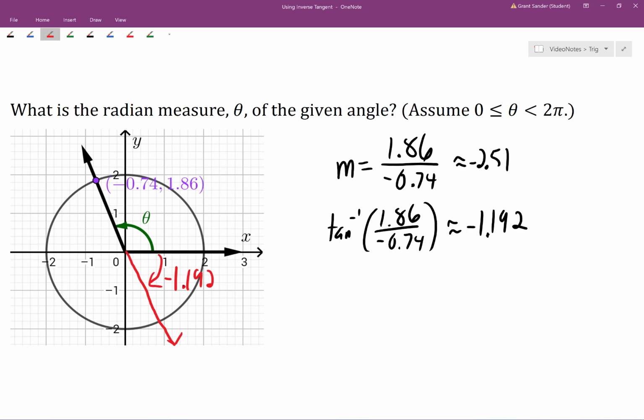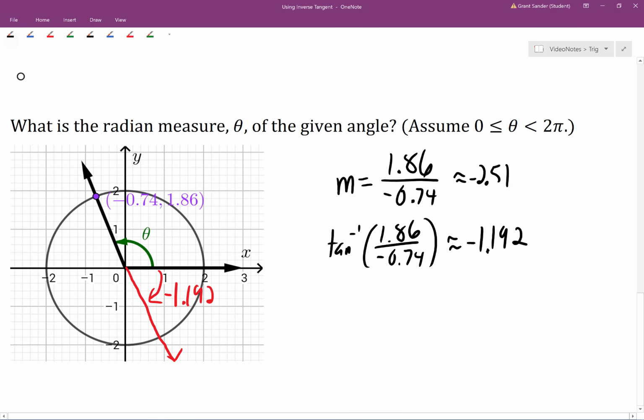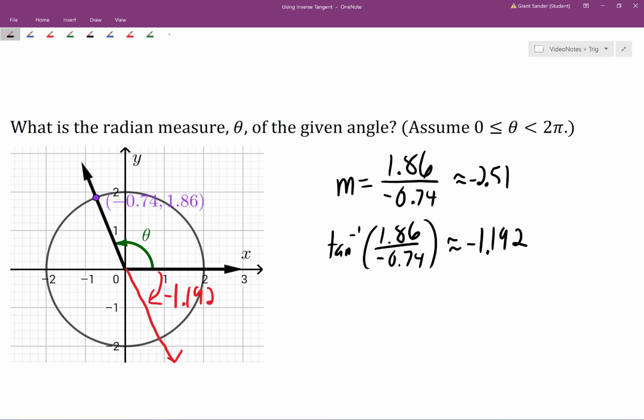So to use this negative 1.192, we should imagine starting at the 3 o'clock position and then rotating half of a full rotation. So start at the 3 o'clock position and imagine sweeping out half of a rotation so that we end up at pi radians.